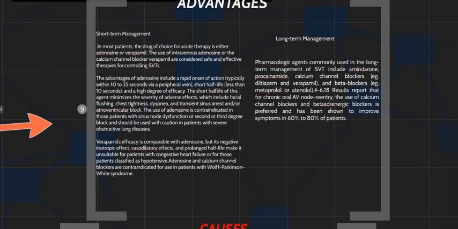The research reports that for chronic oral therapy, the use of calcium channel blockers and beta-adrenergic blockers is preferred and has been shown to improve symptoms in 60% to 80% of patients.